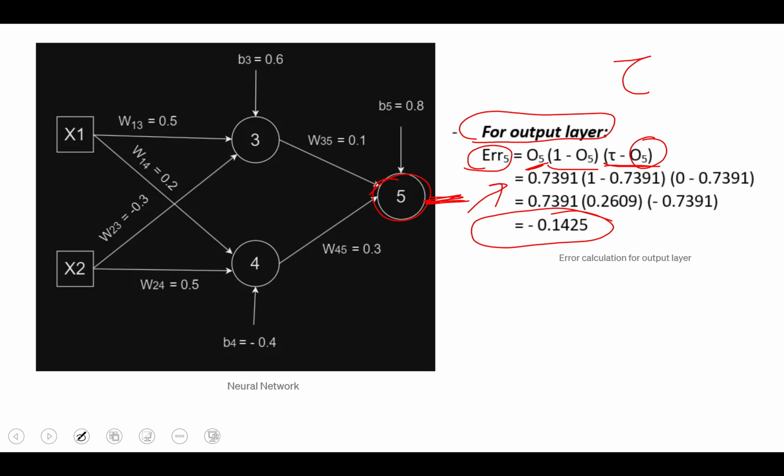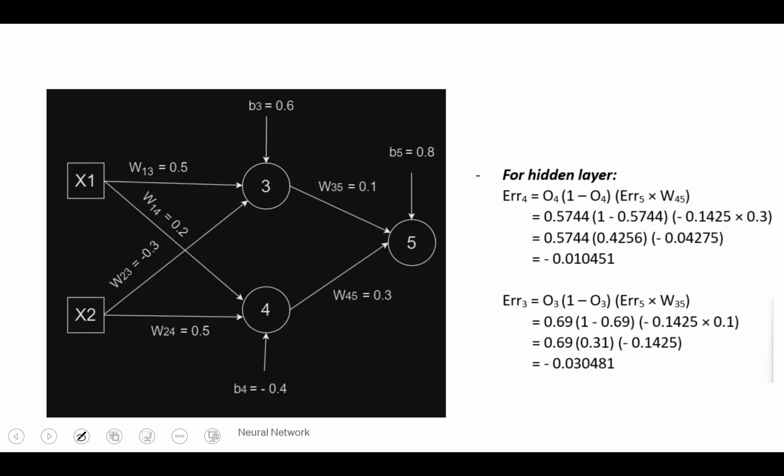Now we need to evaluate the error on the third and fourth neurons. Remember that this is your output layer and these are your hidden layers. The formula for the hidden layer is different.